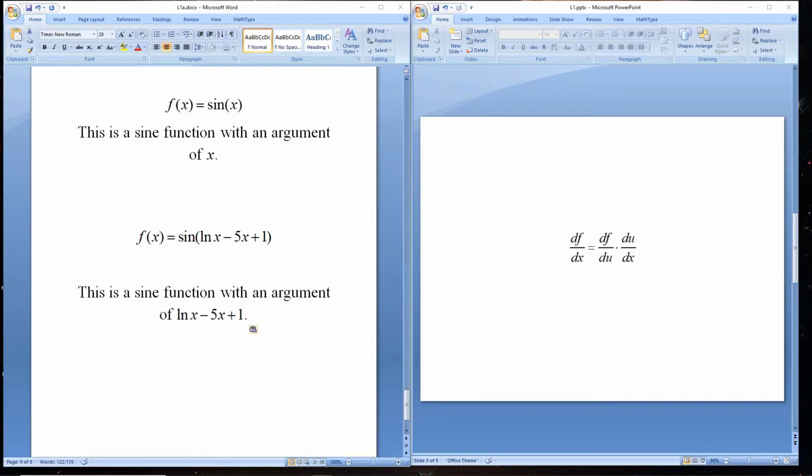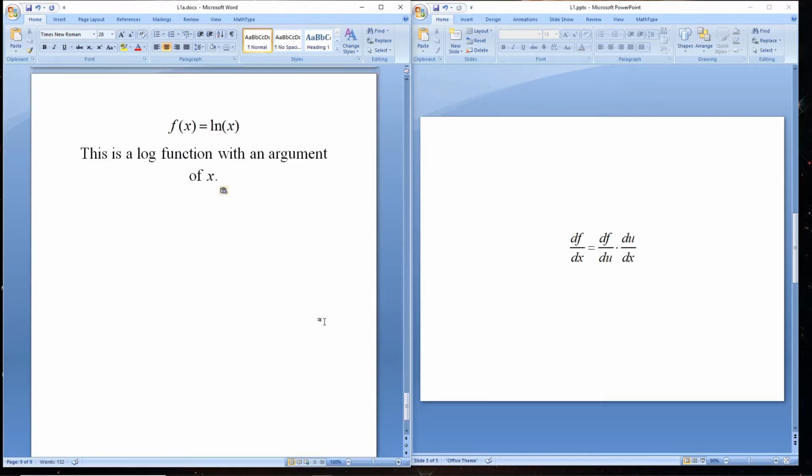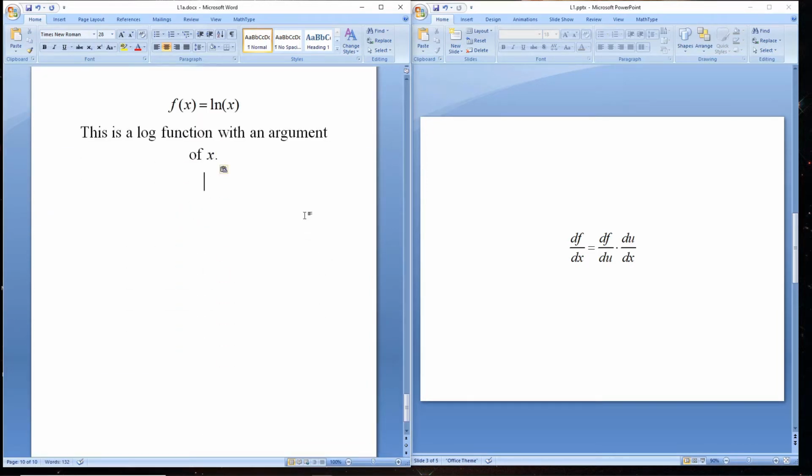Let's check out another example. Log x. This is a log function with an argument of x. The only thing going in the log function is x. Now compare that to this example. This is again a log function, but now the argument is e to the x times sine x.